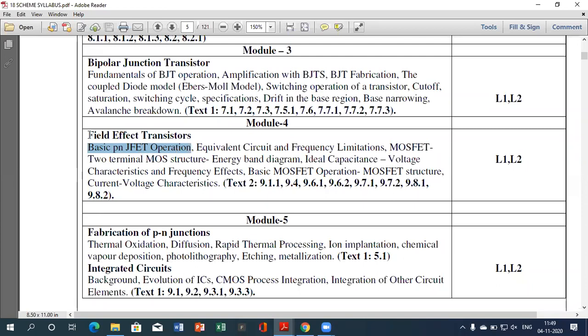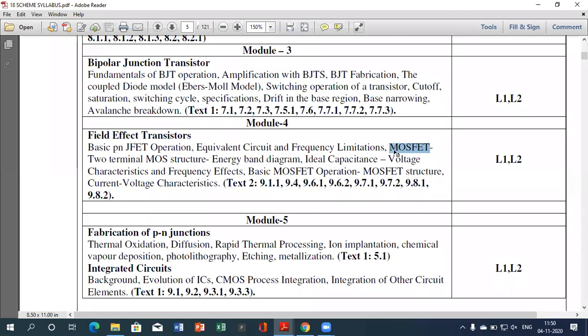First, field effect transistors are of two types. One is JFET, another one is MOSFET. First we will discuss JFET, that is junction field effect transistor. Later on, we will discuss MOSFET, that is metal oxide semiconductor field effect transistor.